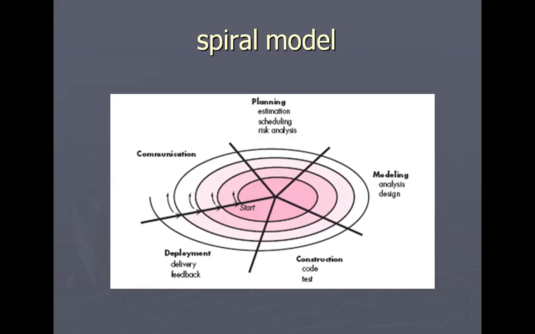Risk is considered as each revolution is made. Anchor point milestones combine work products and conditions that are attained along the path of the spiral. This is all about the spiral model.